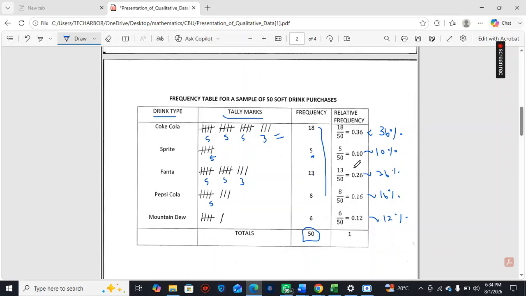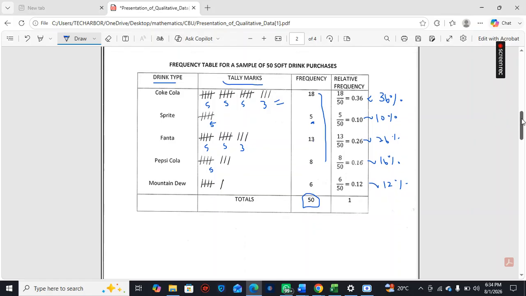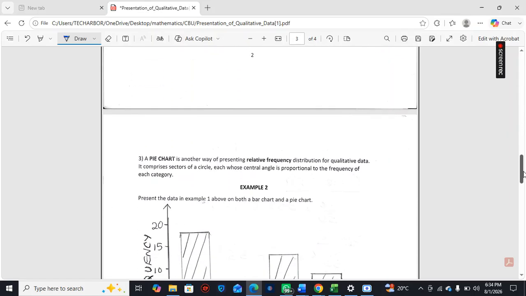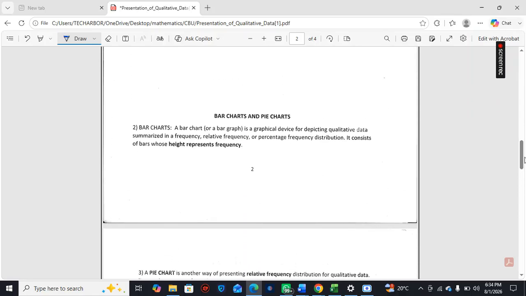All right. Yes. So this is a frequency table. If we make a frequency table, this is what you make. Then next is the bar chart and pie chart.